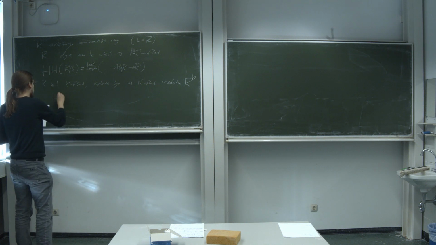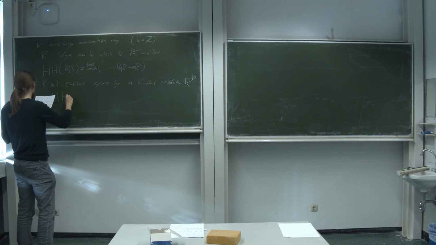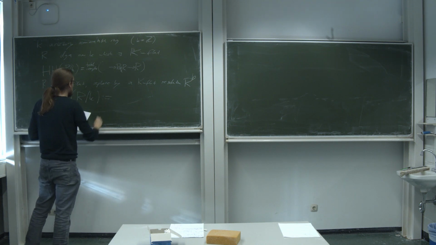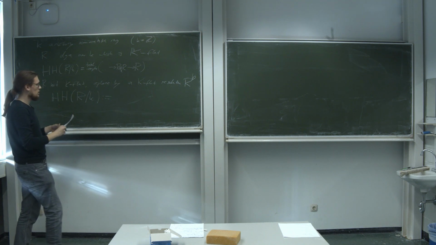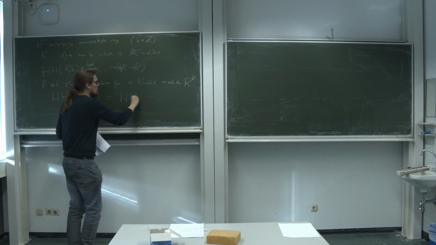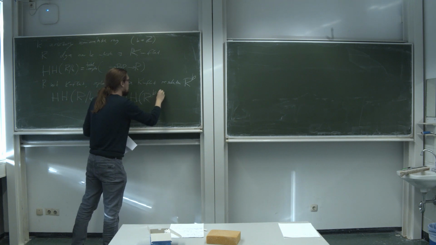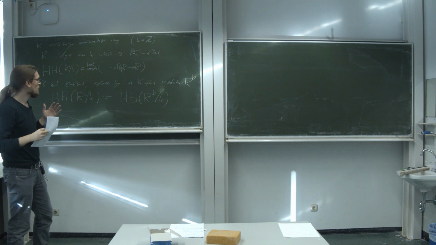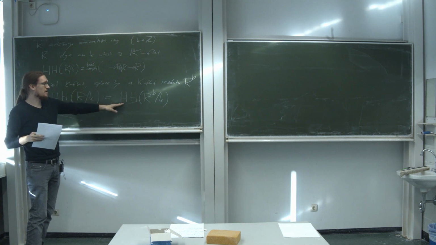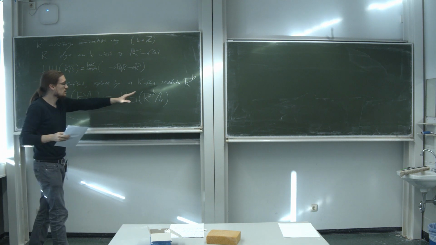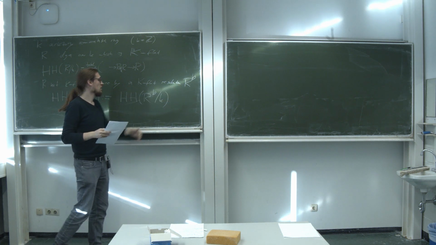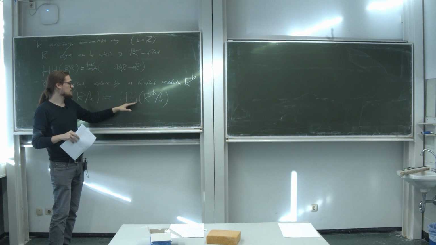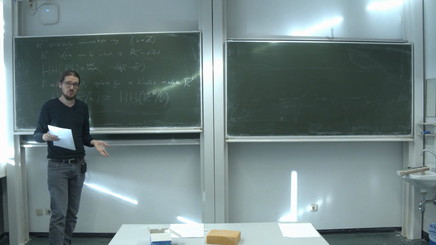And having made such a choice, we simply define the Hochschild homology complex as the Hochschild homology complex of this flat resolution. Now in general, of course, this is not well defined as a chain complex because there is a choice made here. But we will see that this does give us something which is well defined up to quasi-isomorphism.